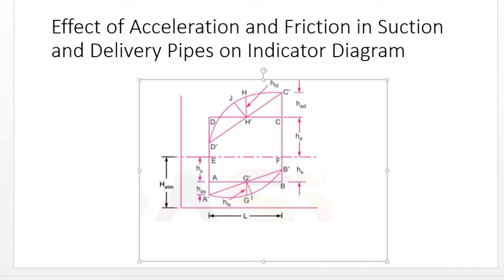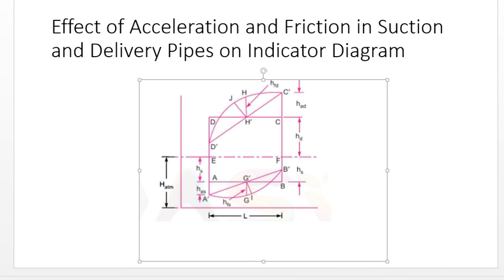This area can be calculated as the area of this rectangle, A dash, G dash, B dash, C dash, H dash, D dash, plus the area of this parabola, that is A G B dash, plus the area of this parabola, that is C dash, H, D dash. So what will be the area of this rectangle?